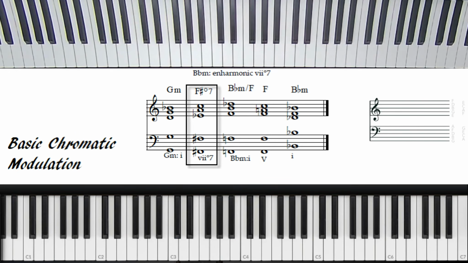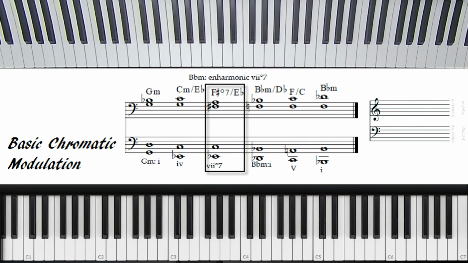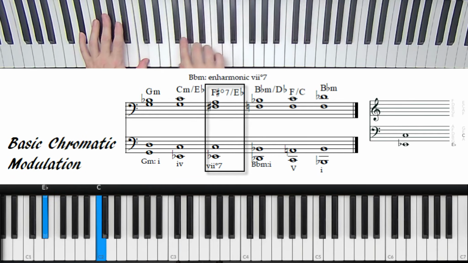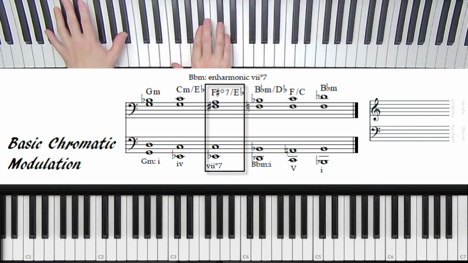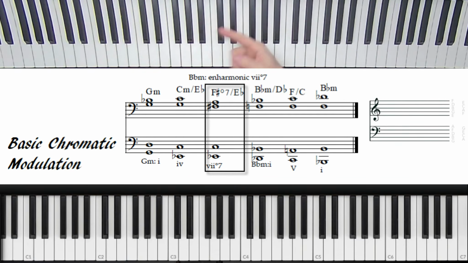So you can jump between very remote keys very quickly. Let's move on to another example. Let's use C minor in G minor and then convert it to that F sharp diminished 7th, and then use it as the pivot again. You could find various ways to use that as the pivot from one key to the other.